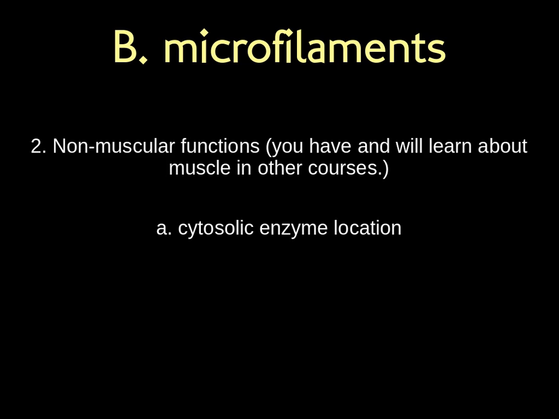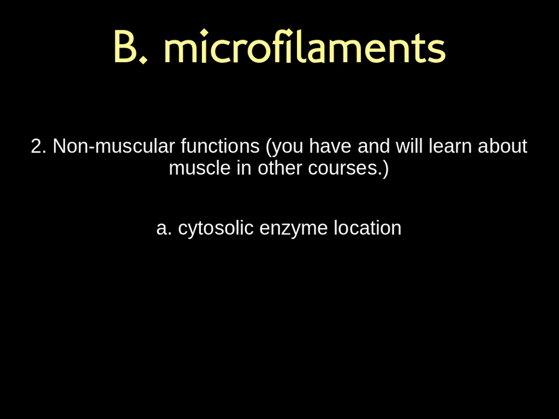So, for instance, one thing here is another thing that I was talking about earlier, this sometimes happens with microtubules, is that we actually use microfilaments to locate or bind to enzymes and hold them into a certain position in the cell, and to hold certain enzyme complexes together.